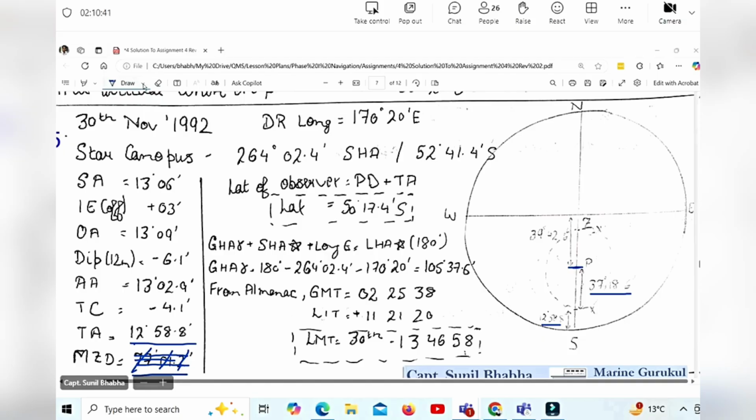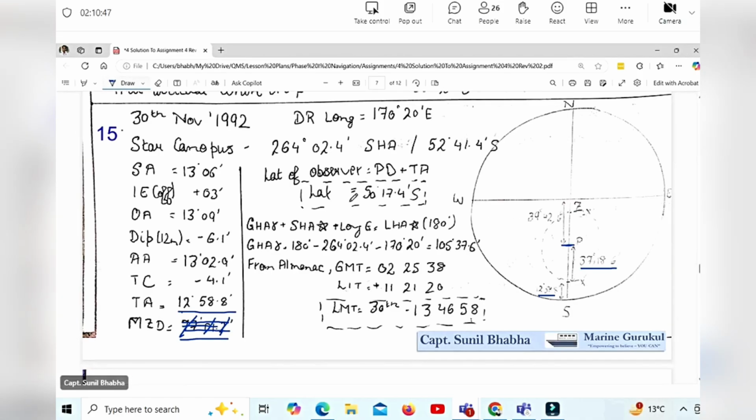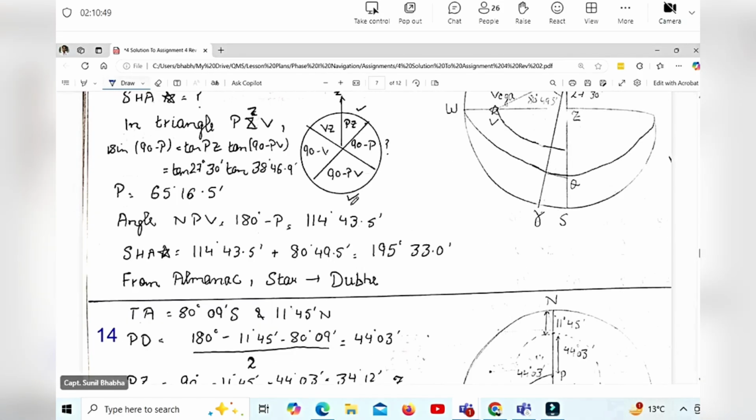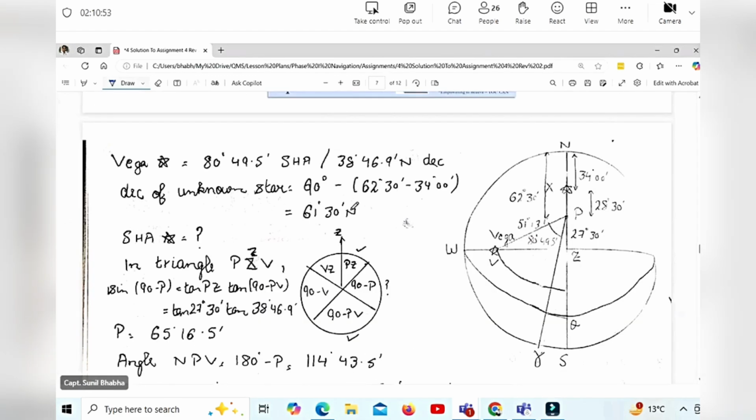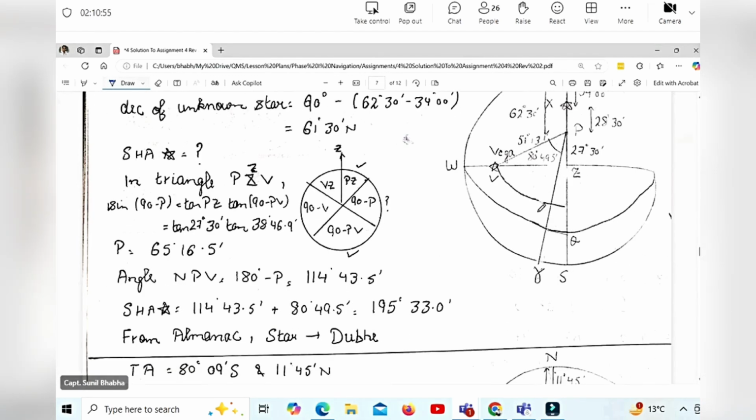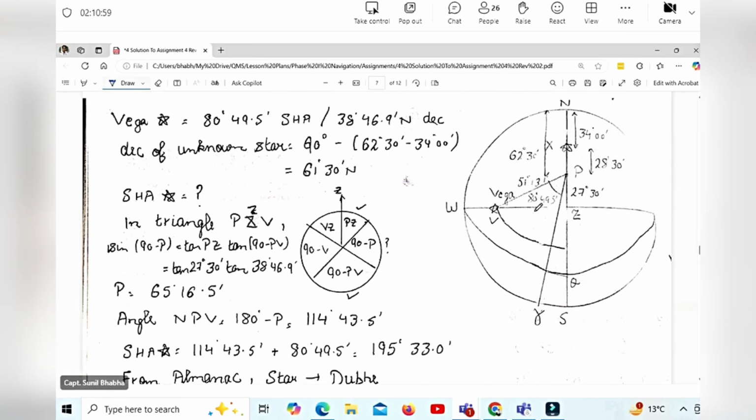Sir, in question number 13, yesterday you explained finding out the calculation of Aries. First we calculate the value of P, and then from P we go in reverse to calculate Aries.